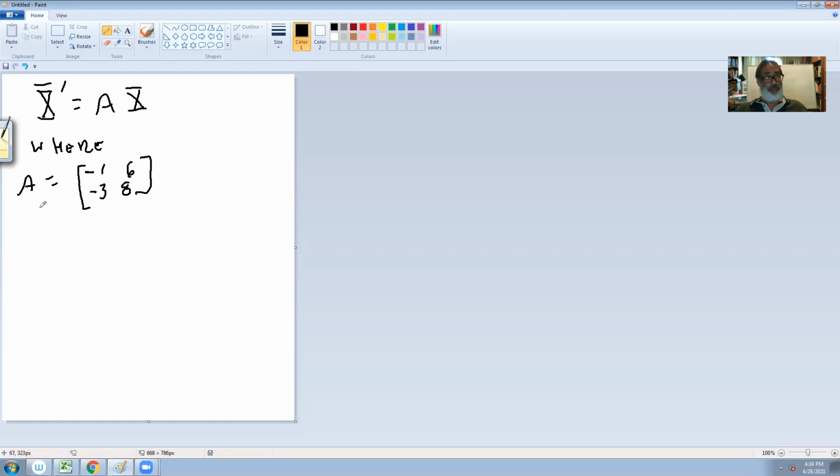Now we know the solution will depend on the eigenvalues and eigenvectors. And so let's find the eigenvalues.